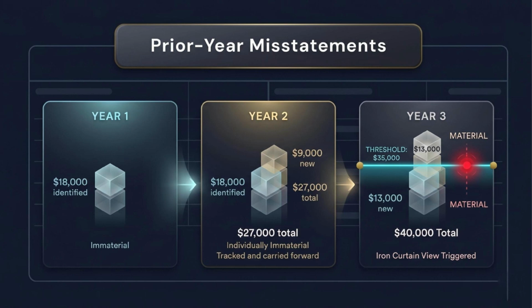In the slides example, $18,000 in year 1, $9,000 in year 2, and $13,000 in year 3 produce a $40,000 accumulated balance. If the balance sheet threshold is $35,000, the accumulated position becomes material. This is why the unadjusted differences schedule is not paperwork decoration. It is the memory system for materiality.